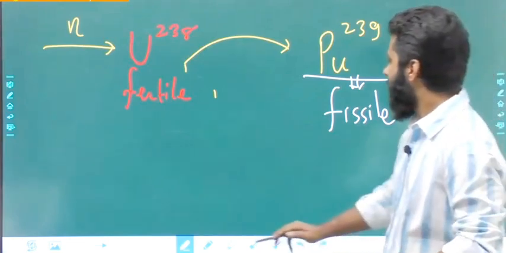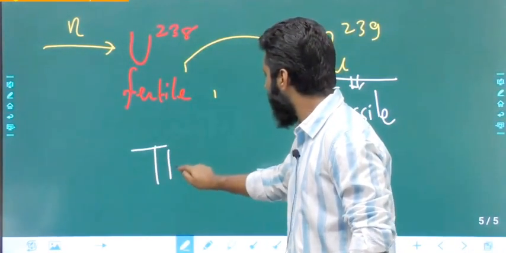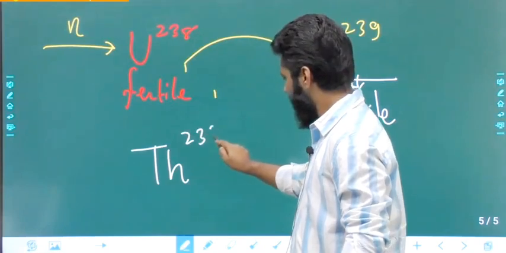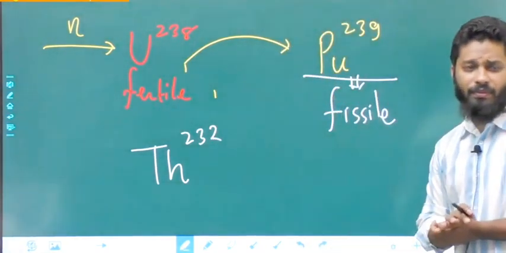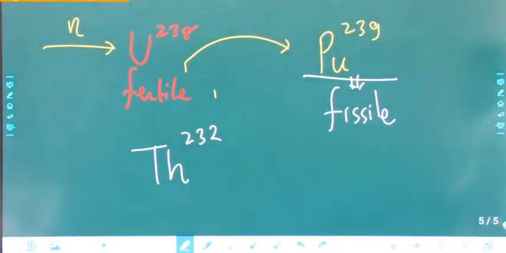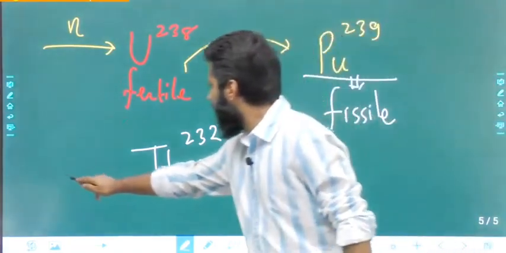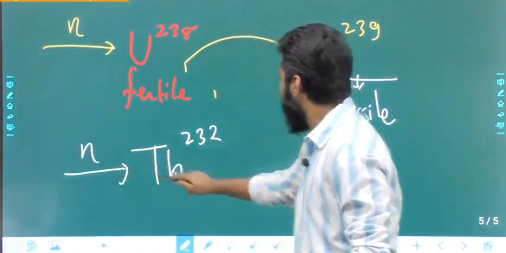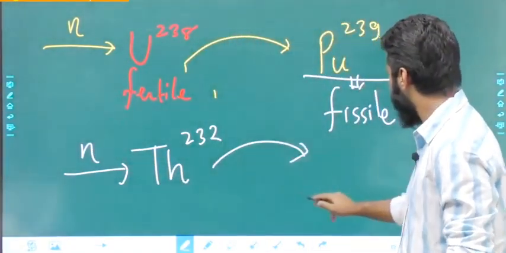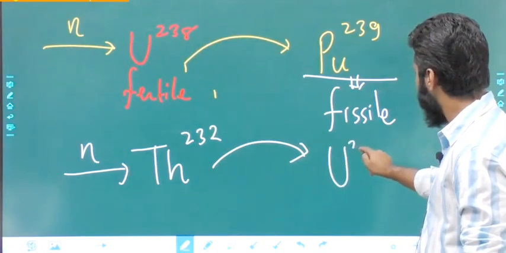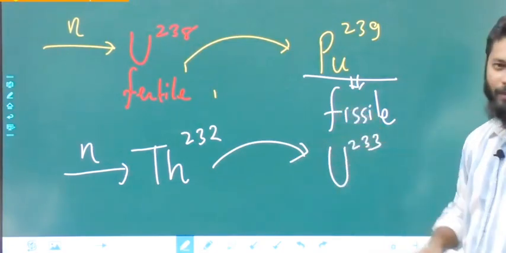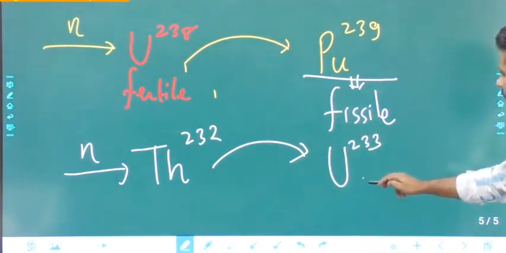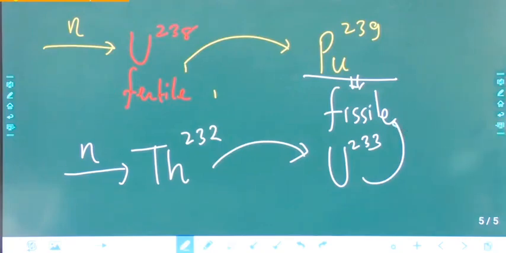Now there is one more element, thorium. India has one of the largest reserves of thorium. When it is bombarded with neutron, it gets converted into uranium 233, and we have seen uranium 233 is also fissile, right?